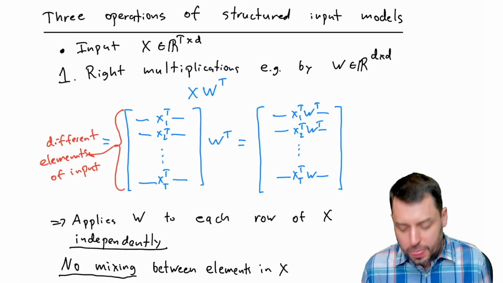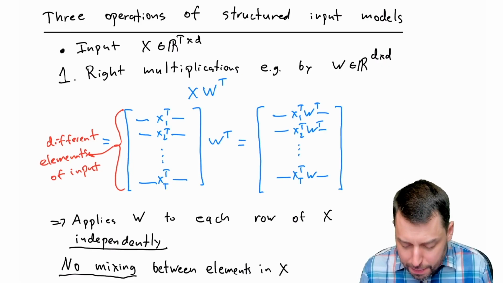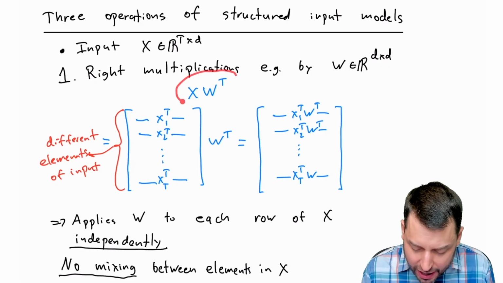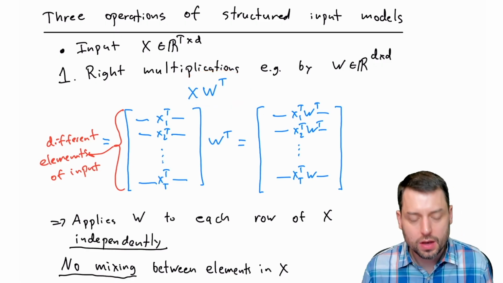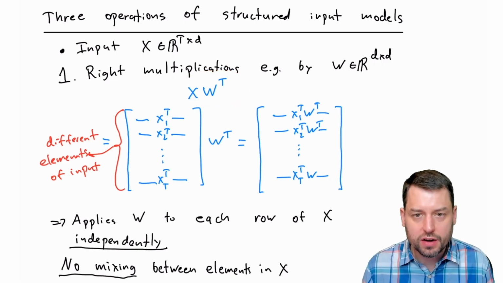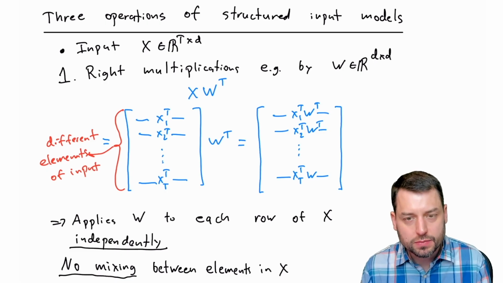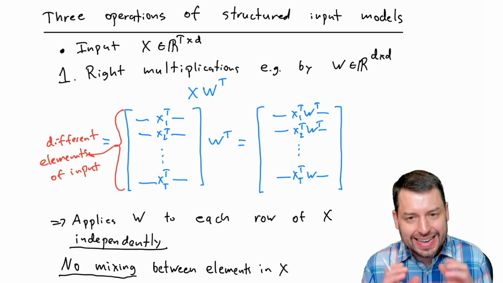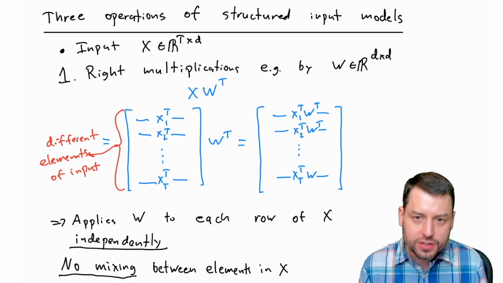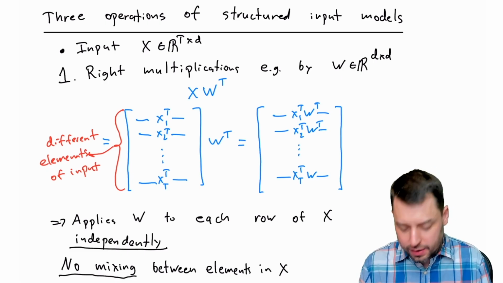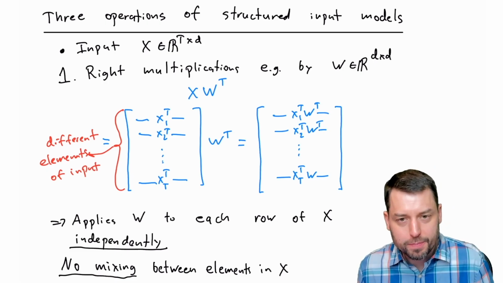That means that when you apply right multiplications like this, there is no sharing of information between the different elements in our representation. We are effectively treating these all as independent examples, and we are applying a linear transform to them.